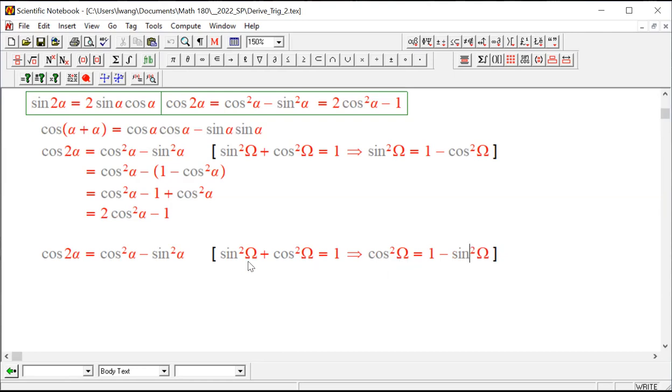So these, of course, all turn into alpha. And this time, we're going to replace cosine square alpha by 1 minus sine square alpha, minus sine square of alpha.